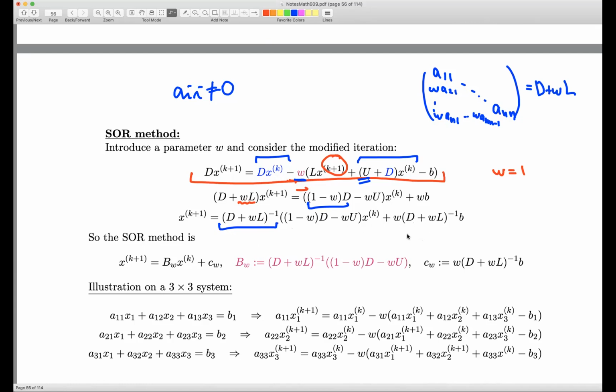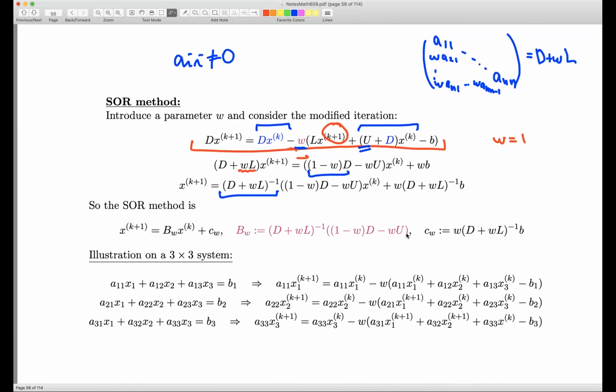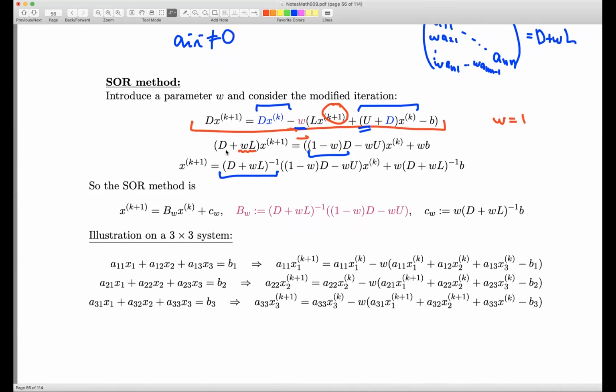So technically, the SOR method is the method for which the iteration matrix is this matrix B omega, where the B omega is this whole mess here. So this is the matrix B omega, and then this is the vector C omega, that is the vector C in the iterative procedure.